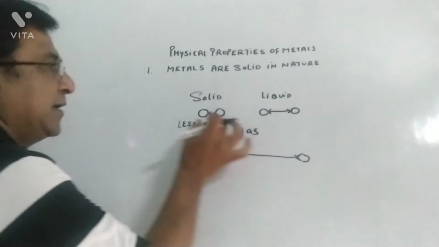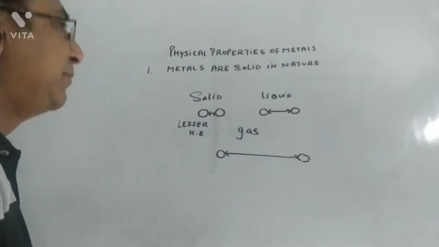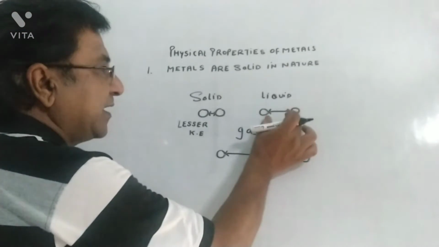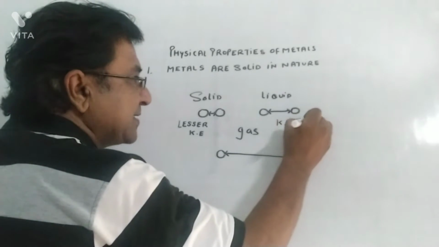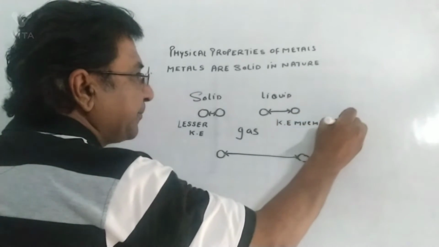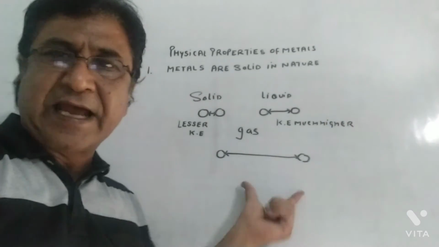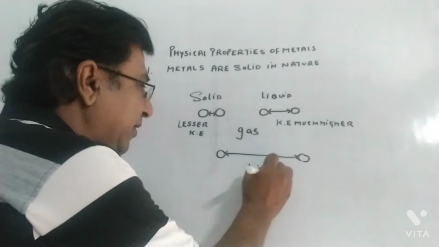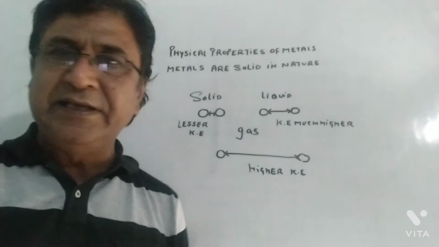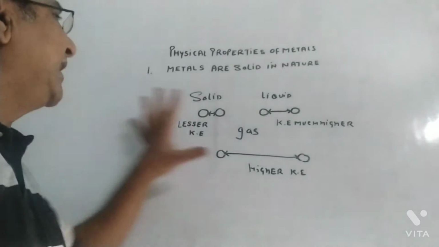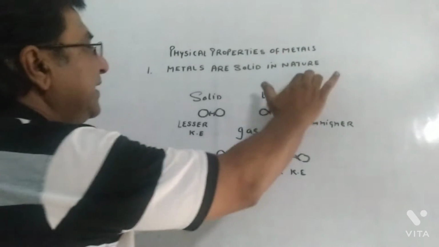Liquids, although compared to solids they are far away from each other, but not much far, still they are far away as compared to the solids, so their kinetic energy is much higher as compared to the solids. And gas atoms have higher kinetic energy because they are far away from each other, so they are always randomly moving.